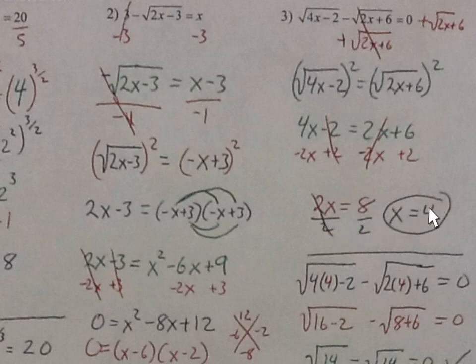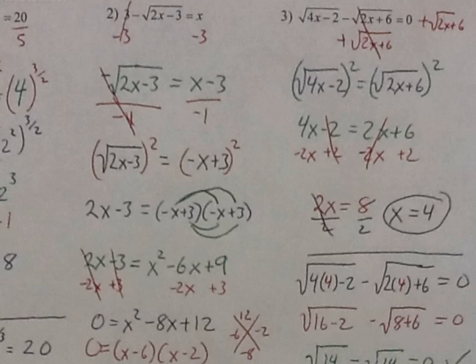But I have to check this solution. To check this solution, I am going to put in 4 there and there. So when I put in 4, 4 times 4 is 16, minus 2. Put in 4 here, 2 times 4 is 8, plus 6.